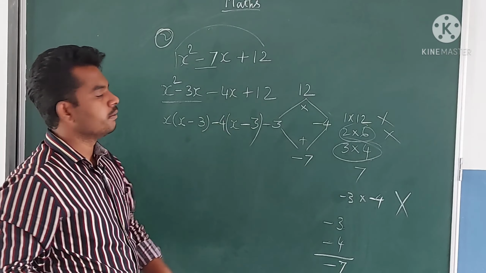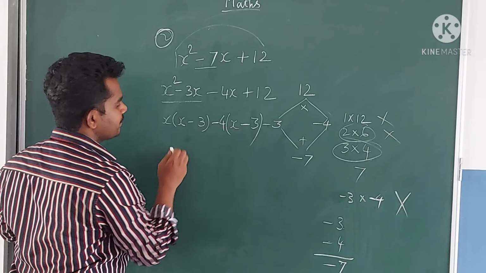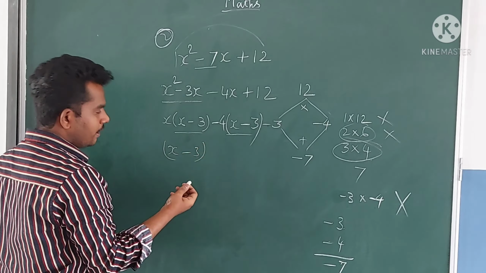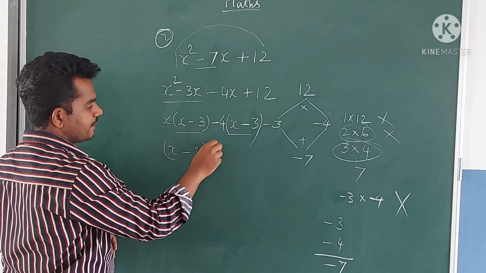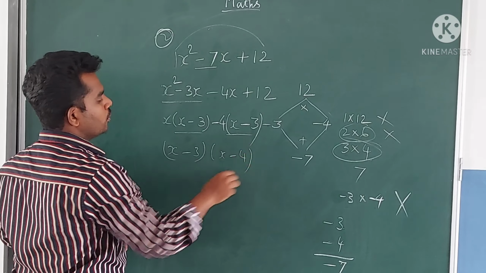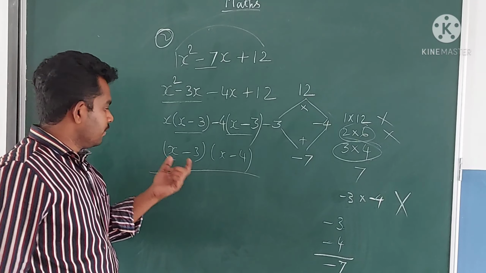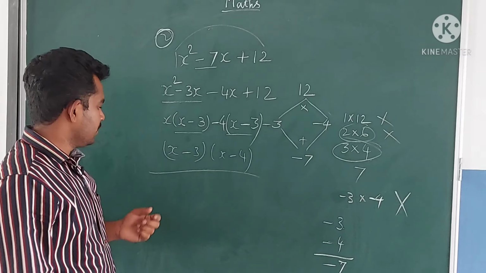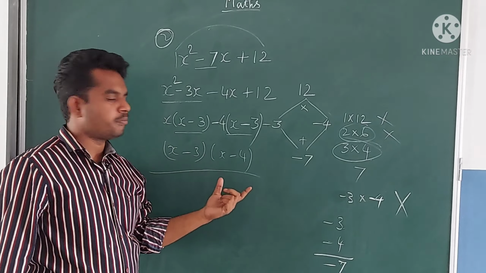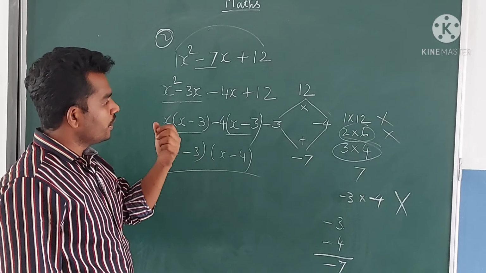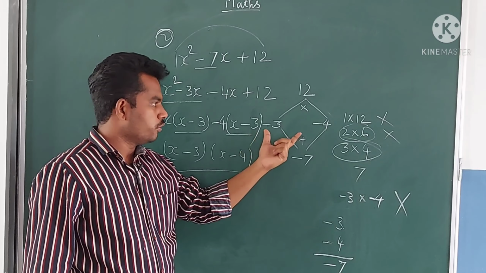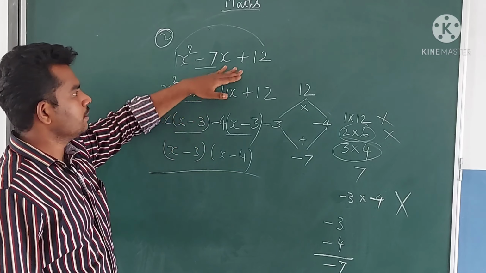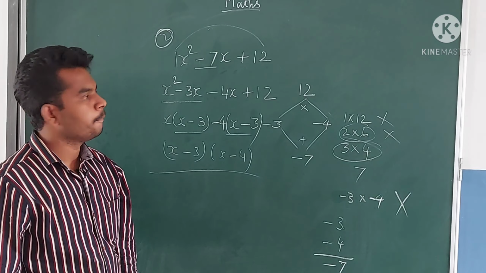So 4 3s are 12. So here x minus 3 is common, this one and this one we will take as common. Next, x and minus 4. So the factors for x square minus 7x plus 12 are x minus 3, x minus 4. Okay. So in this way you should find the factors for this type of polynomial.